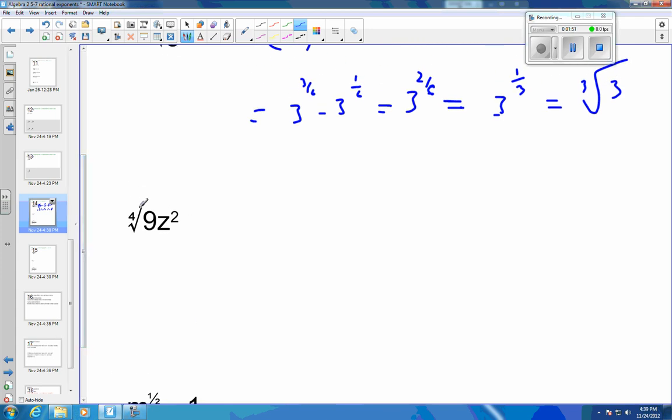This is going to be the fourth root of 9z squared. So 9 is actually 3 squared, so it's 3 squared z squared to the 1/4 power.